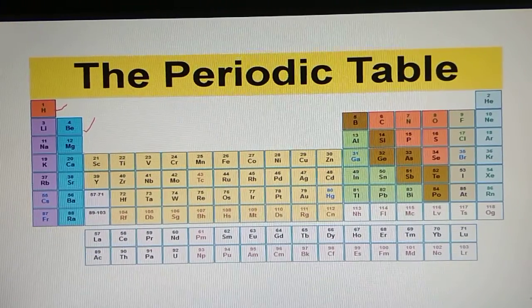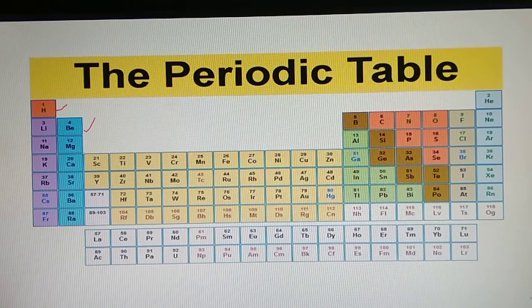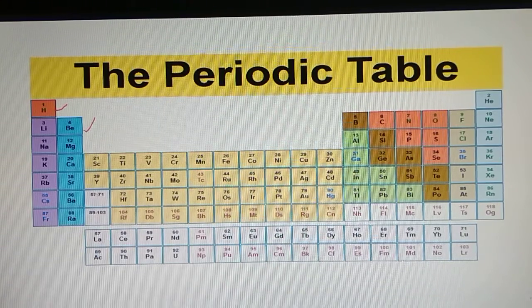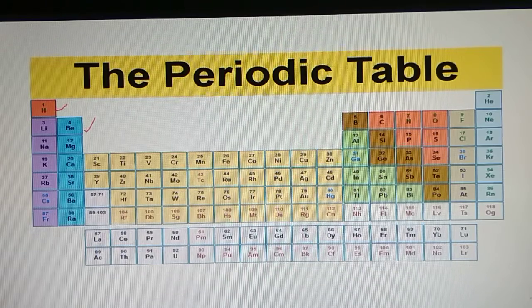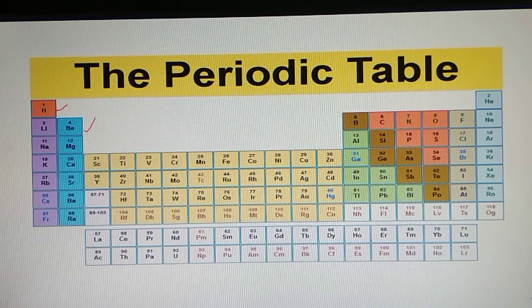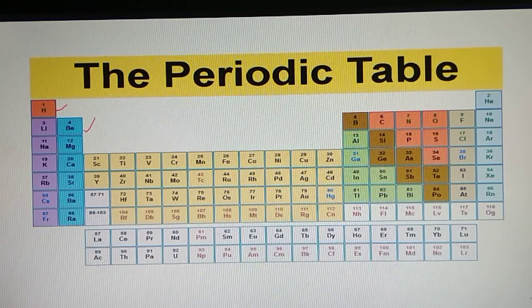Second and third both are short periods. Then fourth is long period. Then fifth is long period, and seventh is also a longest period. Okay, you should remember this. If you are asked which is the longest period, then you should tell sixth period and seventh period, and shortest, that is your first period only.